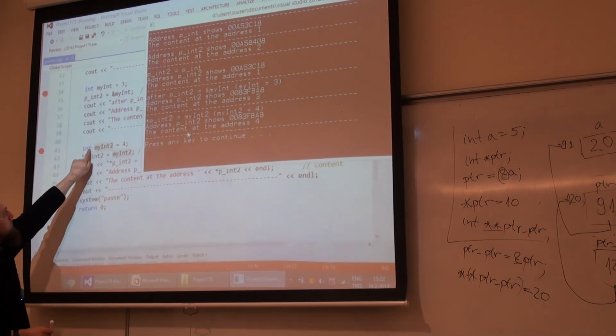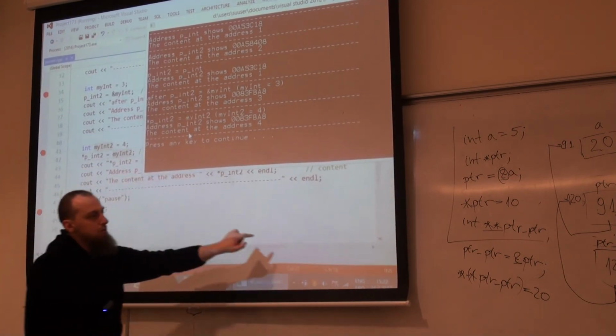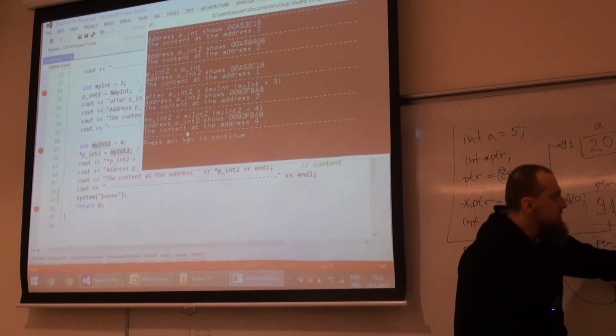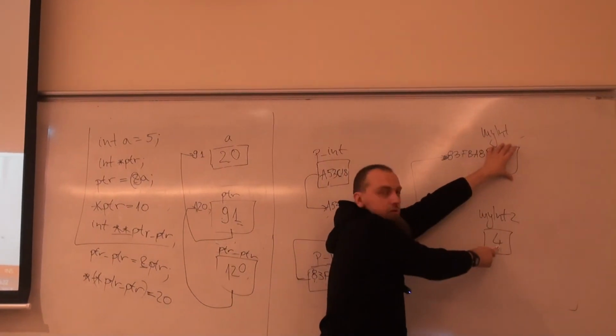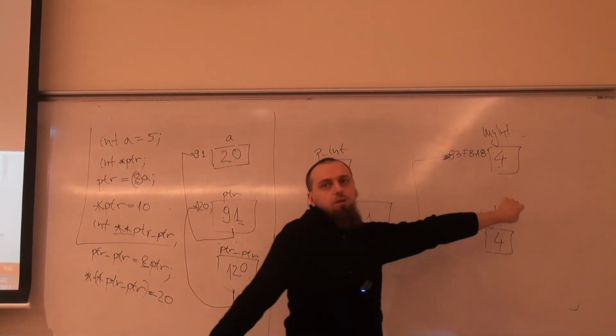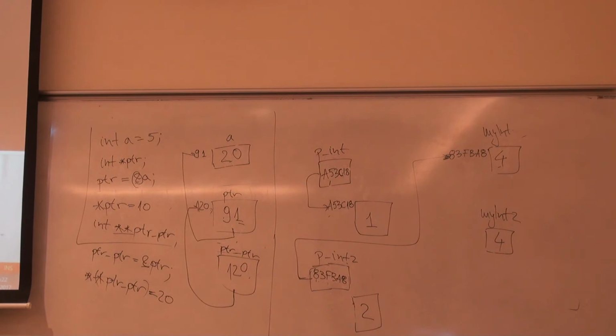So the second pointer, pint2, star is this one. And I'm saying this one is equal to this one. That's why I say its value changes there, okay? When I say A is equal to 5, 5 does not become A. A becomes 5. Question?